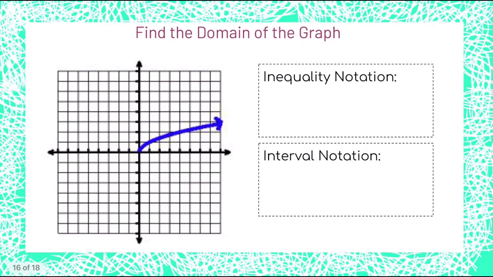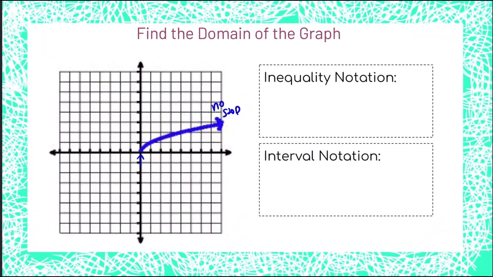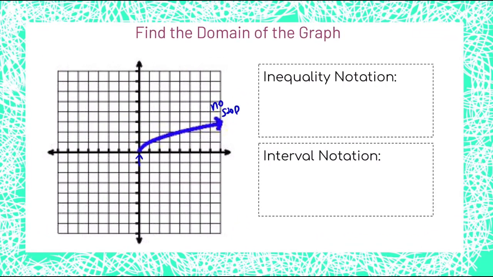All right, cool. So now we're going to do one that has an infinity in it. We have our starting value here and no stop. So what is the starting value of this graph? Our starting value is 0 and there's no stop.